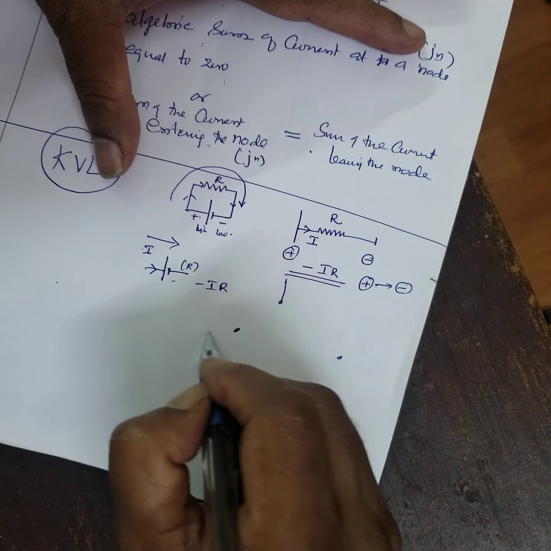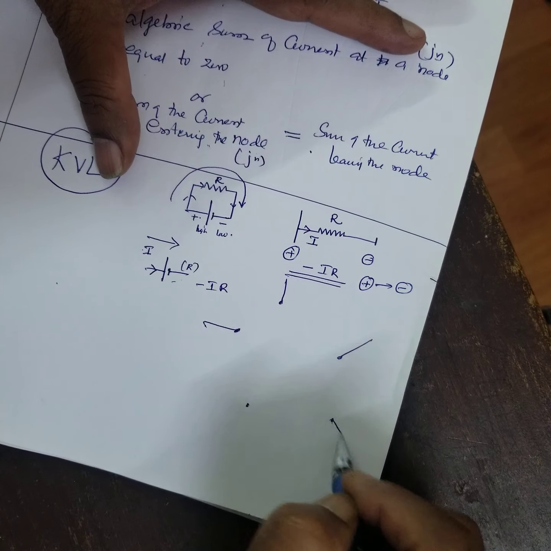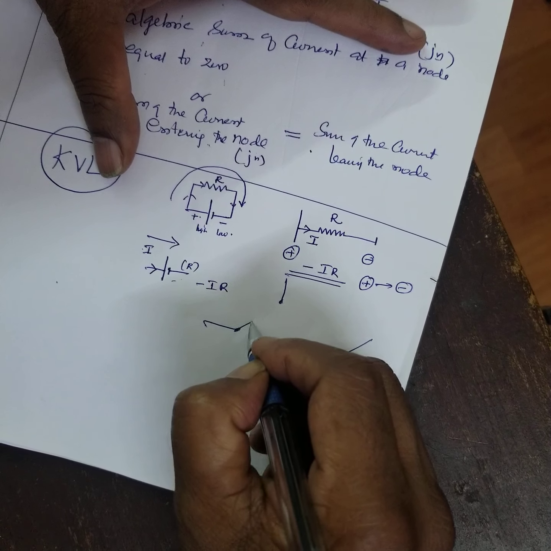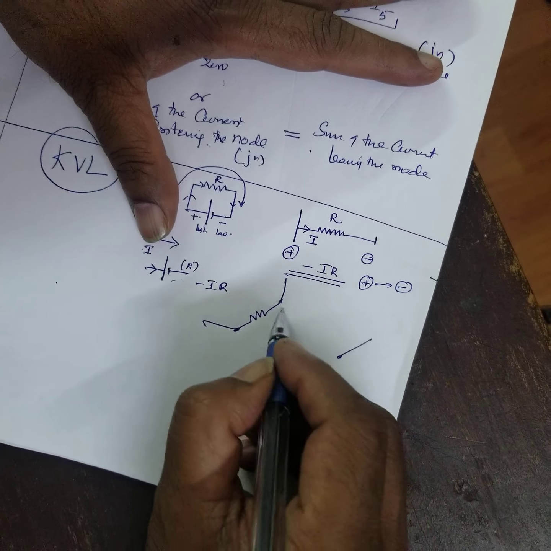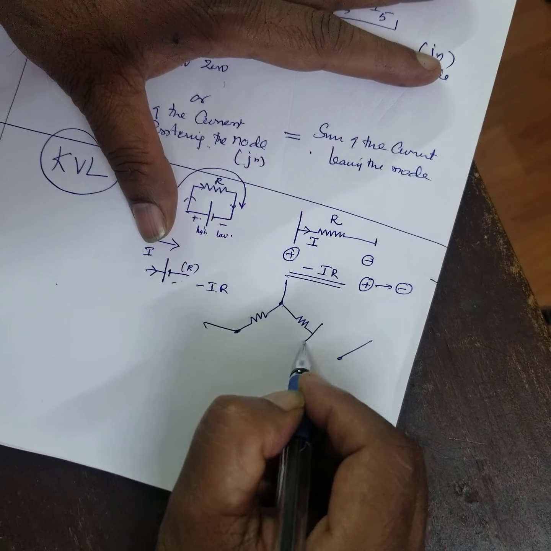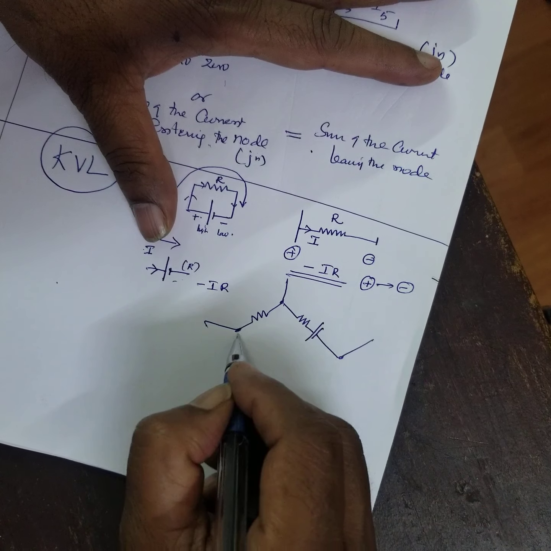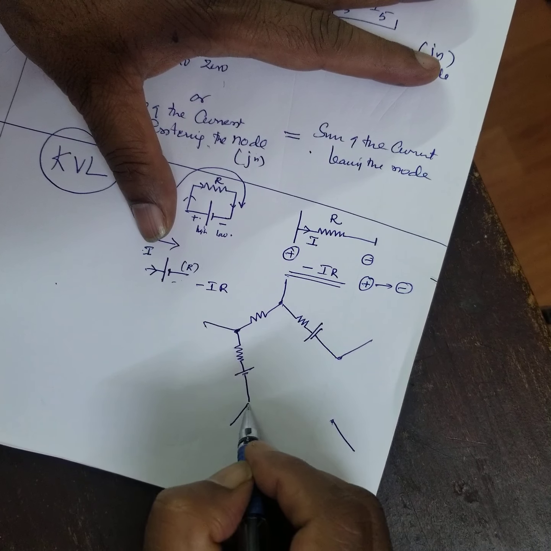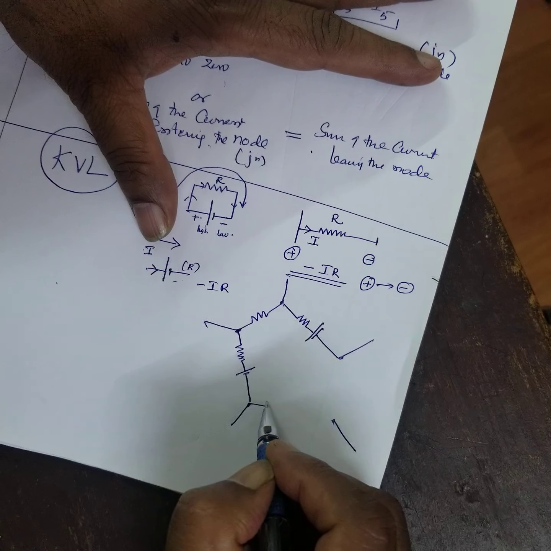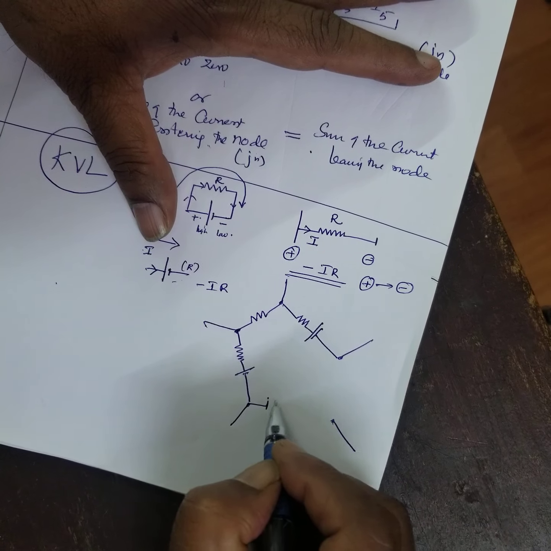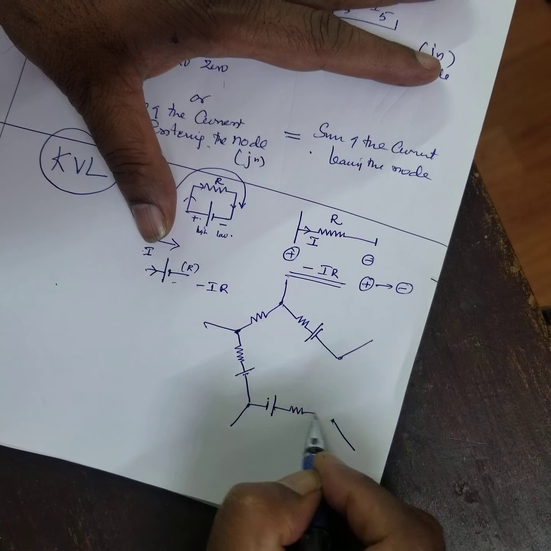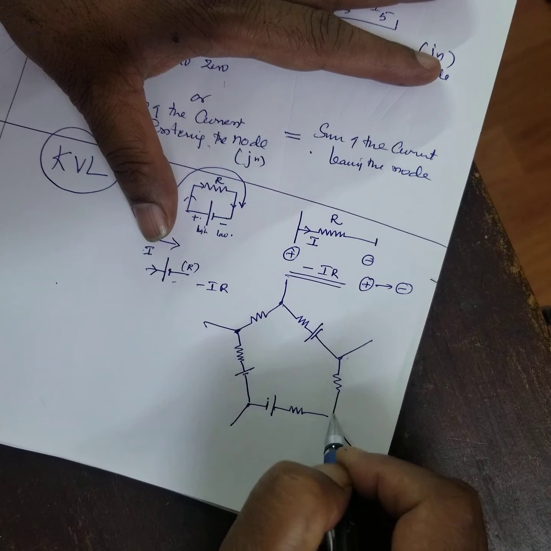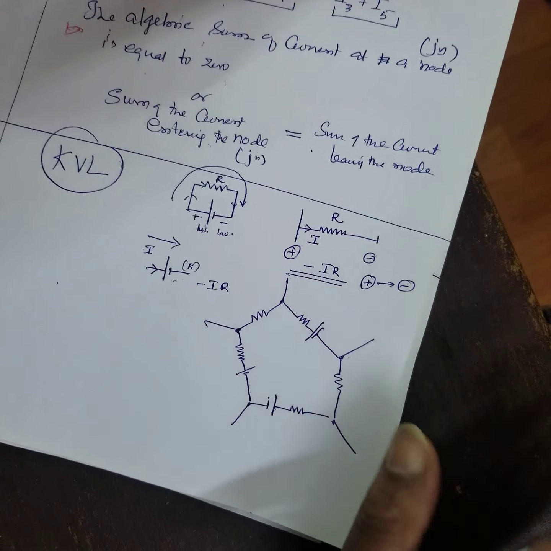This is one junction, this is another junction. Junctions are all junctions only. Here some resistor, here a resistor and a battery, here some resistor and a battery. I'll put a battery here, a resistor. Here a resistor alone. That is arbitrarily what I am going to put.